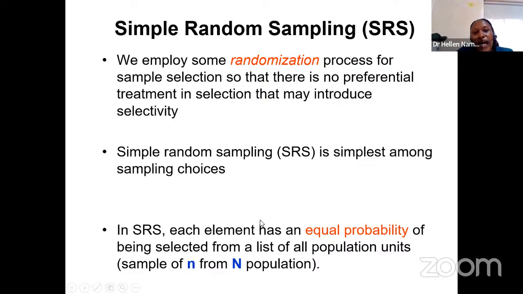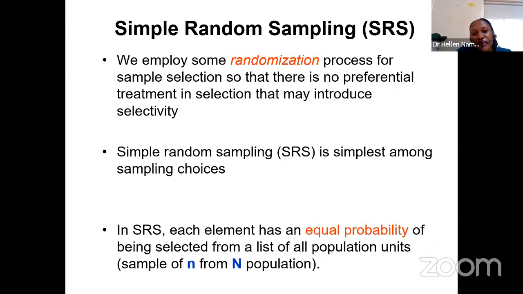So now let's move on to the methods in simple surveys. We are going to start with simple random sampling, sometimes abbreviated as SRS.